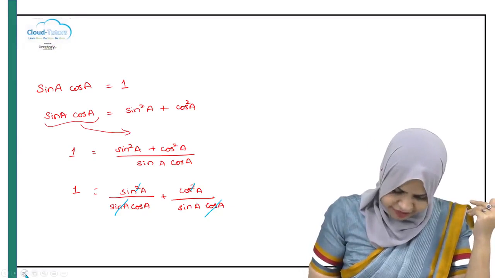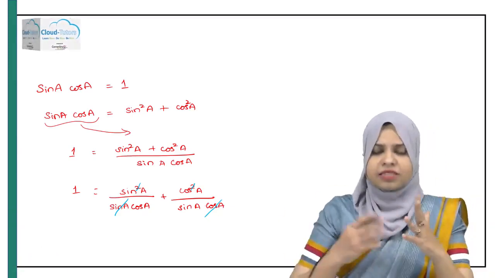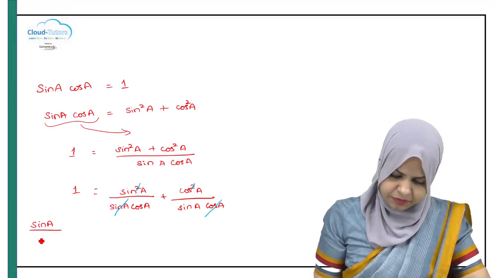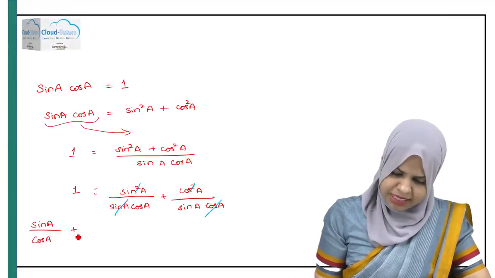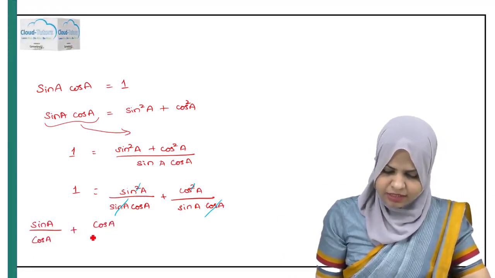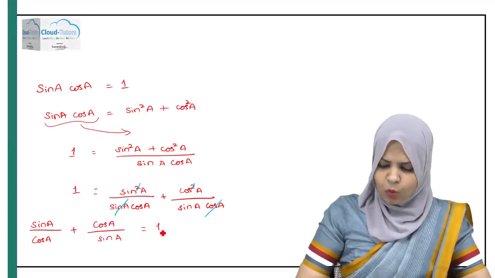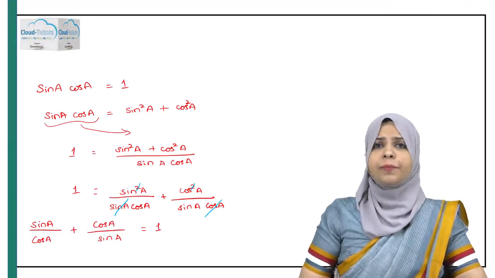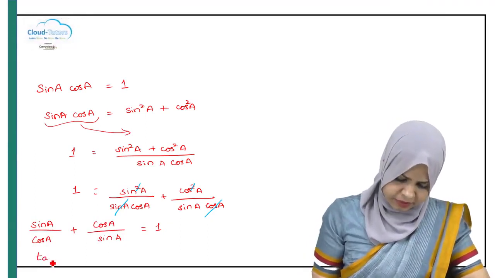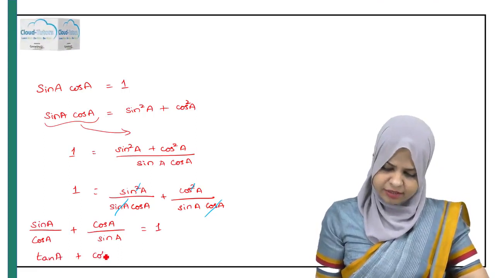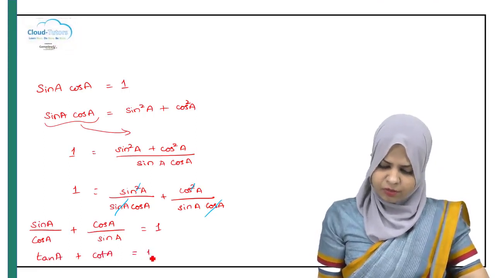Okay, so what do we have here? If I write the RHS first, sin A by cos A plus cos A by sin A equals 1. What is sin A by cos A? Tan A. What is cos A by sin A? Cot A. So tan A + cot A is equal to 1.